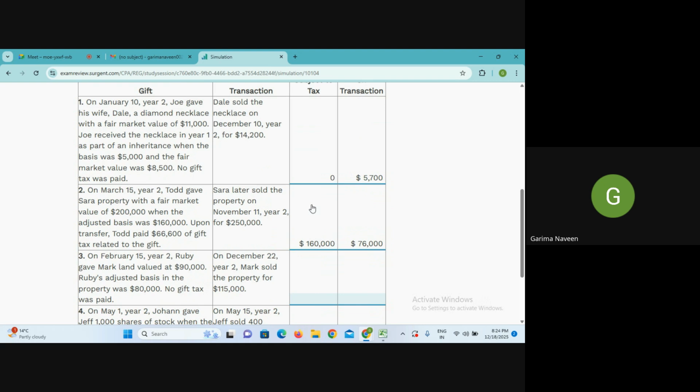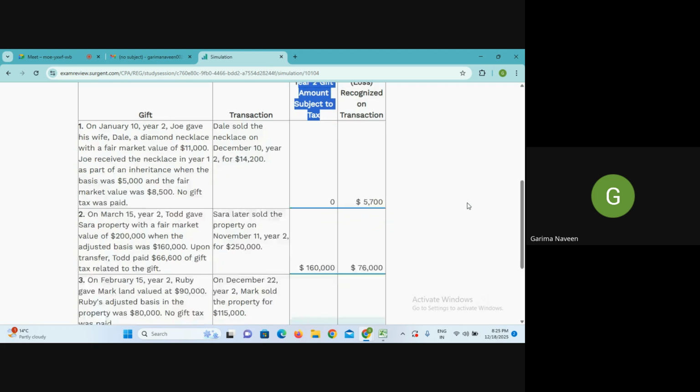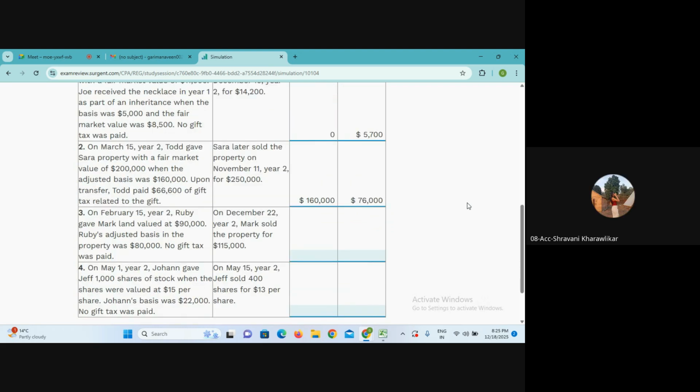No, because you have to tell the amount which will be subject to tax. So why would you add the taxes first, then you will get the amount which will be subject to tax. Okay, so basically you have to put here the amount which will be subjected to taxes. According to me, fair market value should be here. But if you want, I can put the adjusted basis.